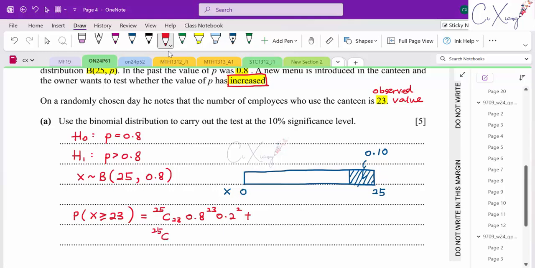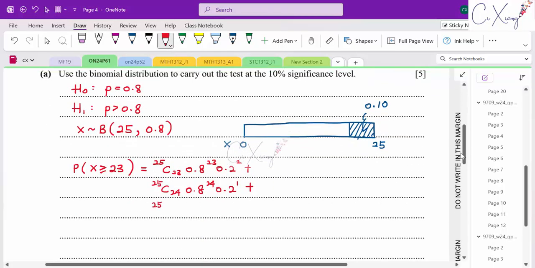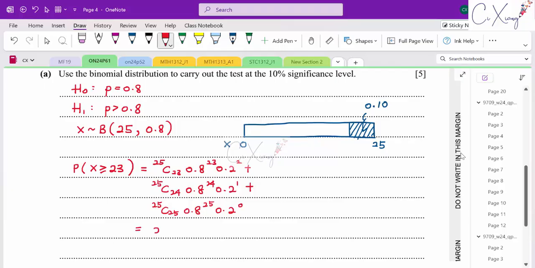After that, I have to include x equals 24, so the formula will be this one. You have to recall a little bit of your binomial distribution formula. And after that, x equals 25. Then after you get the formula, press the calculator to help you.